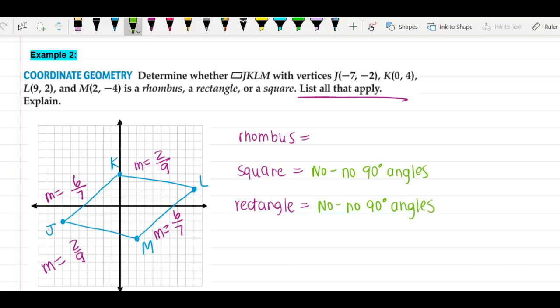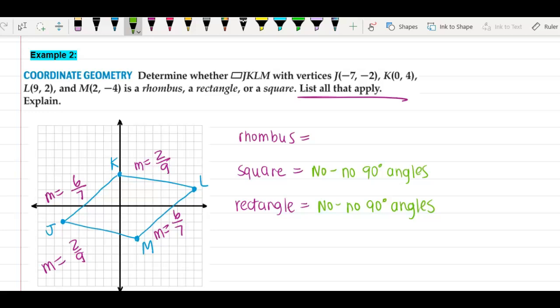Okay, so if we think about characteristics of a rhombus, it's like a square, but it's tilted a little bit. It's like squashed a little bit. So this picture looks like maybe the sides would be the same. We know we don't have 90-degree angles.